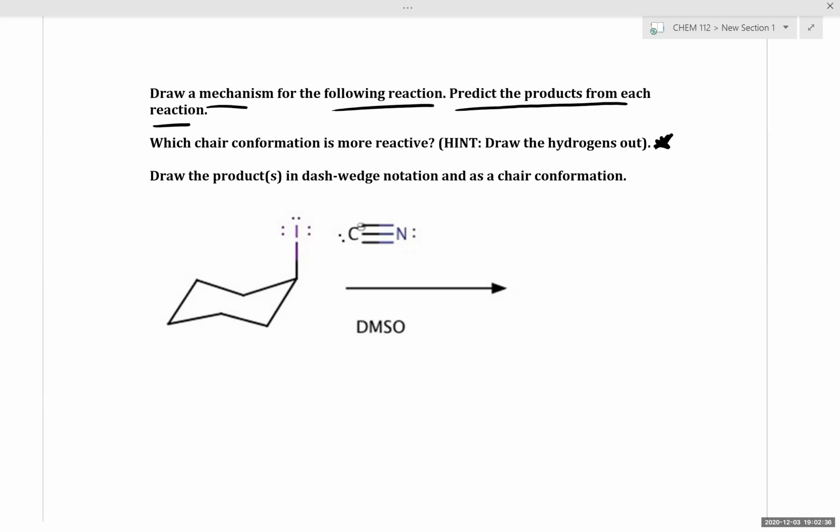So let's take about 3 minutes, and I'd like someone to share their proposed mechanism using the annotate tool. In the meantime, I'm putting together a model of this structure, and that's probably a sign that you may want to use a model kit for this problem. But let's see some shared mechanisms, and then we'll discuss this example in about 3 minutes.